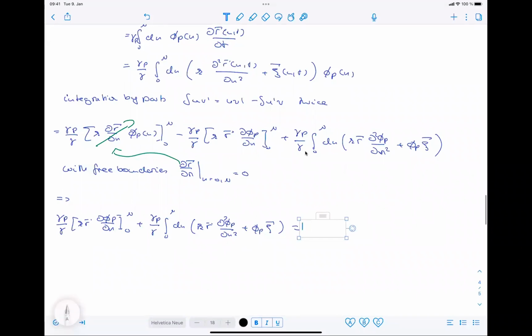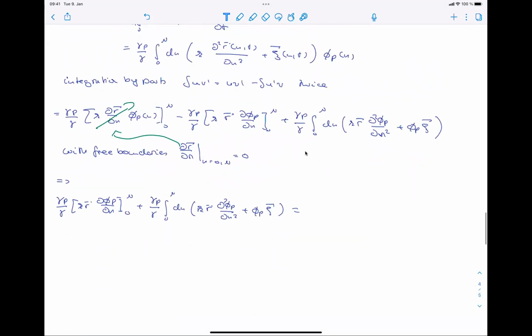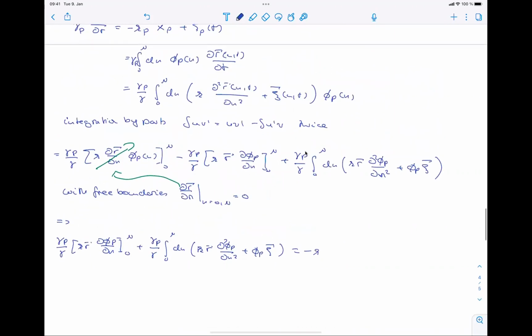So that's then minus k_p integral over 0 to N dn.